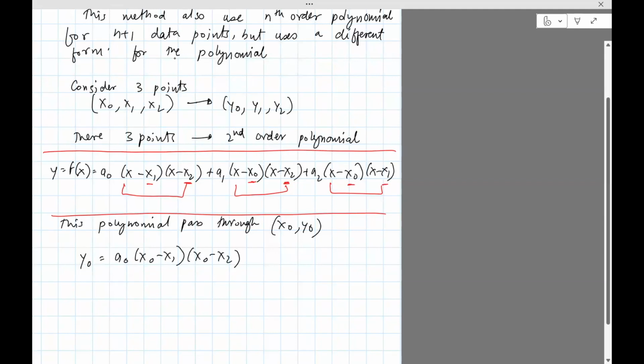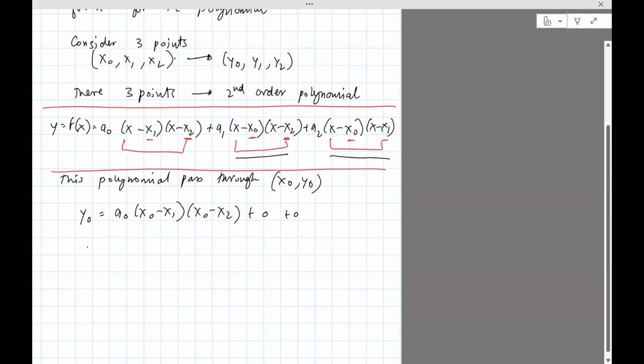And look at the second and third terms. When you put x equals x0, those two will just be 0, right? Because there's x minus x0 sitting in both of them. So it will be 0 plus 0. So here we have a0. It's nothing but y0 divided by x0 minus x1, x0 minus x2.